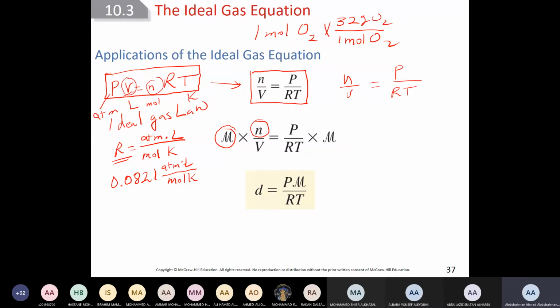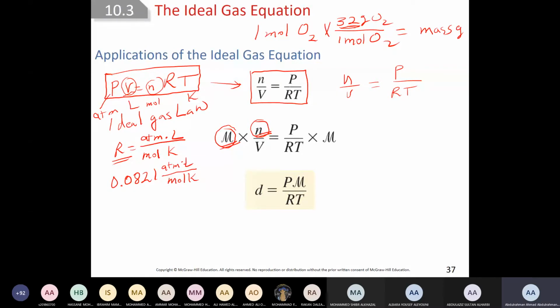You multiply by the molar mass. If you multiply the molar mass by n, you get the mass in gram.